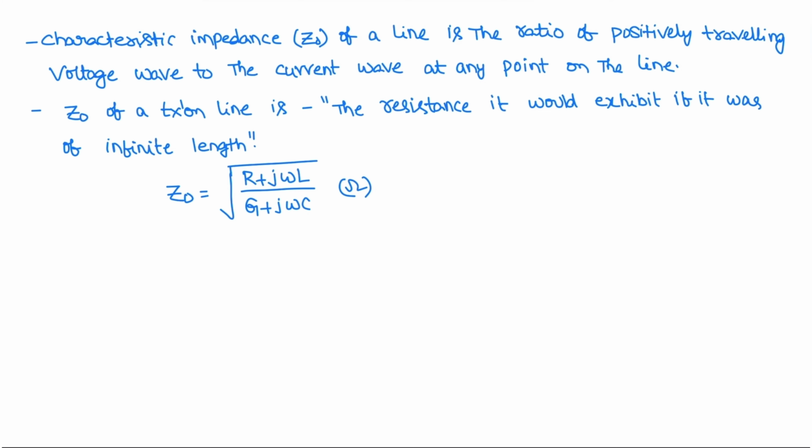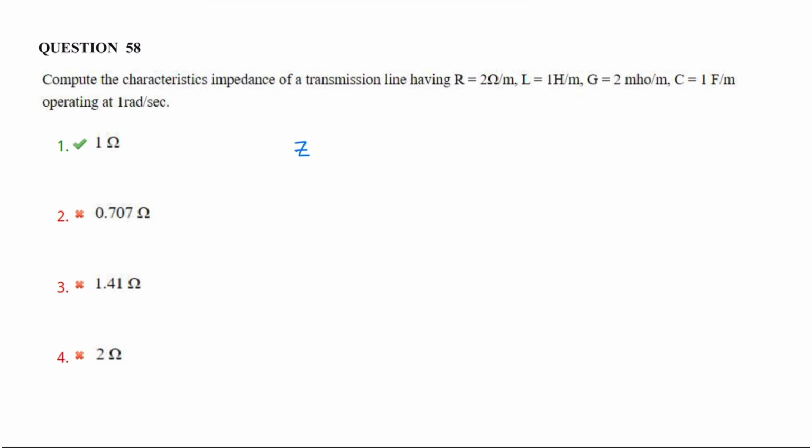So Z0 is not a resistance or impedance in the traditional sense; rather it is a complex quantity that represents a relation between voltage and current for a traveling wave on the line. Z0 is defined as the ratio of the positively traveling voltage wave to the positively traveling current wave at any point on the line. This characteristic impedance is given as Z0 is equal to square root of (R plus j omega L) by (G plus j omega C). So compare the values in this expression.